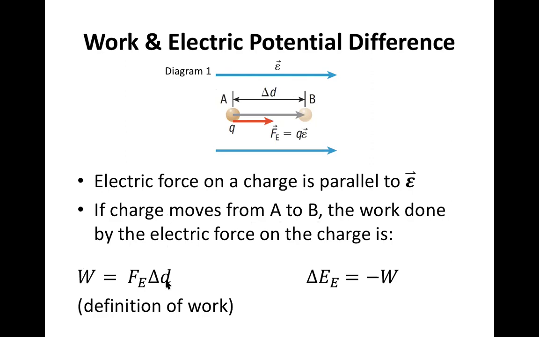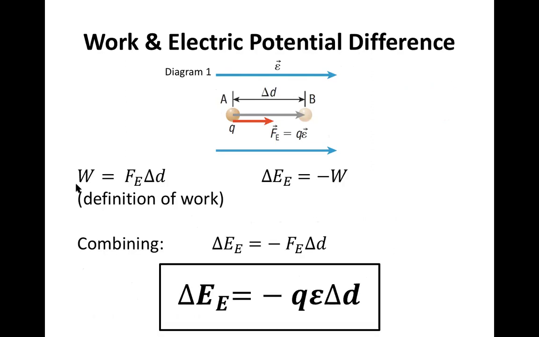work is force times displacement, and we know work is also equal to the opposite sign of change in potential electrical energy. And in this diagram, think of the ball as in free fall, so the ball is coming closer to where it wants to naturally go, so it's losing its stored energy. We combine these two equations to be that delta EE is equal to negative force times displacement. And then we also know electric force is equal to QE.